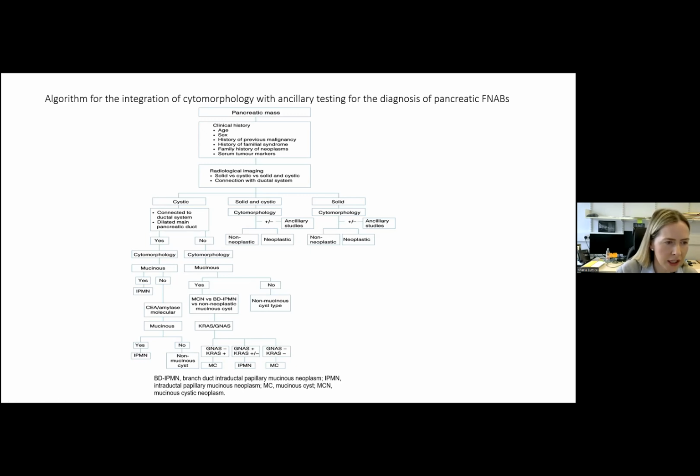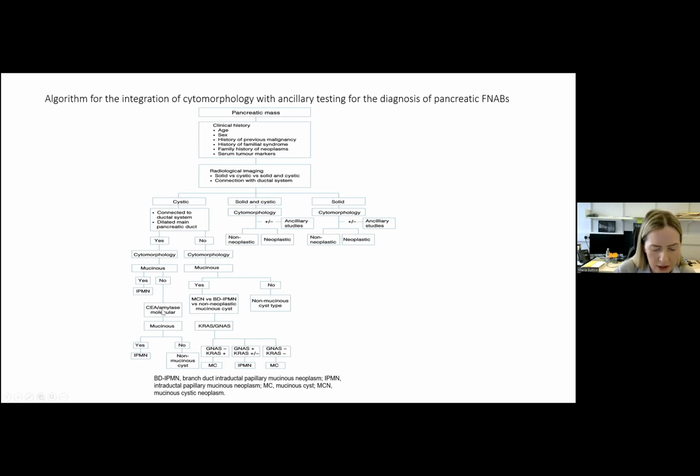So essentially, with mucinous cysts, the most important biochemical marker is CEA, as this is quite specific, and elevated levels of CEA with a normal amylase favors a mucinous etiology of a cyst, okay? Conversely, if you have elevated amylase and near normal CEA, that favors a non-mucinous cyst, such as a pseudocyst.